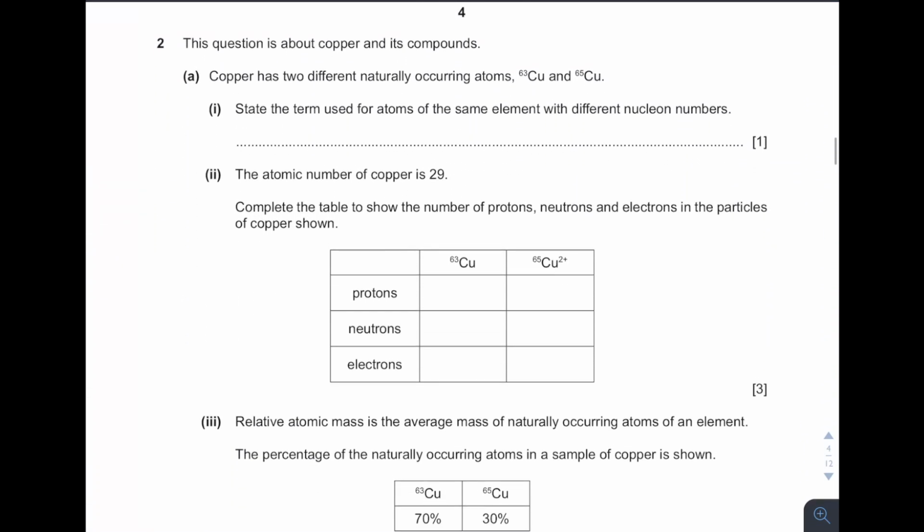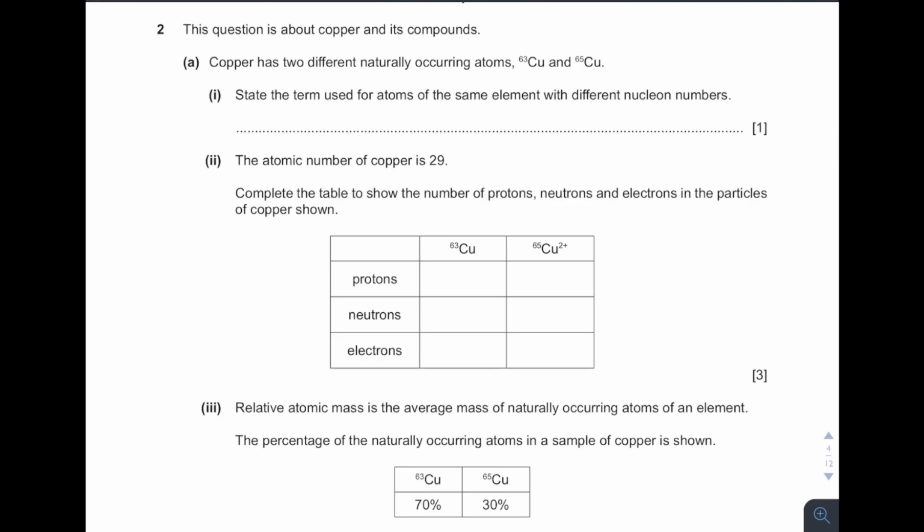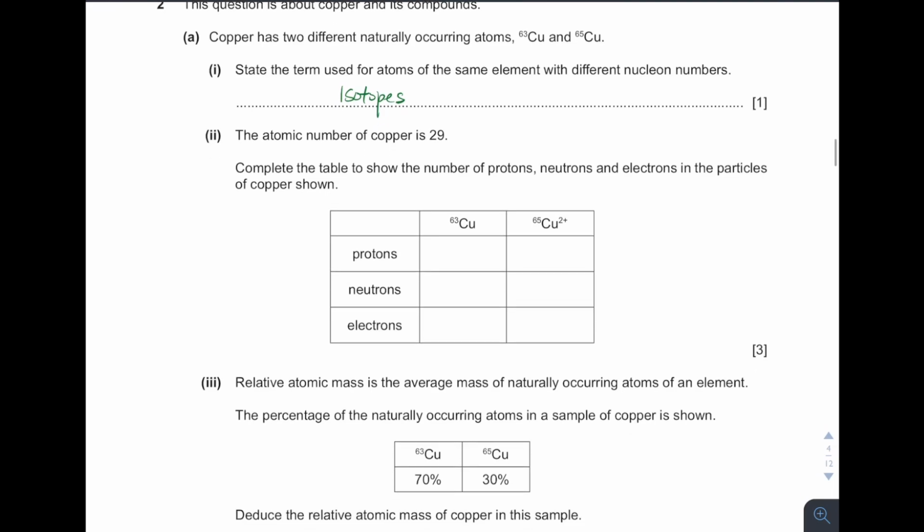Okay, Q2. Given these two atoms, state the term used for atoms of the same element with different neutron numbers. You see, same element but with different nucleon numbers. So we know it is isotopes. Okay, then the numbers of protons, neutrons, electrons.